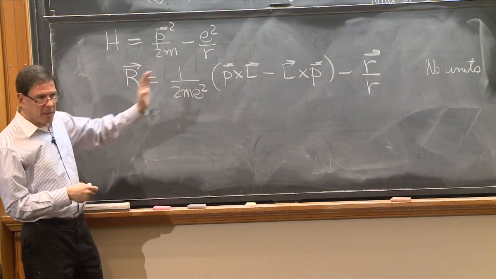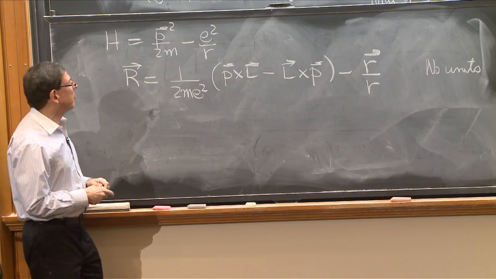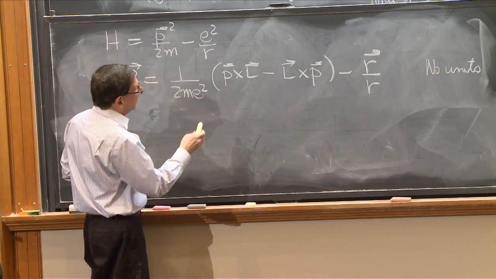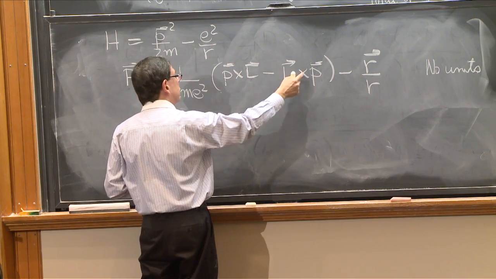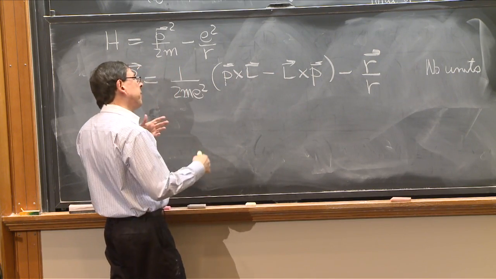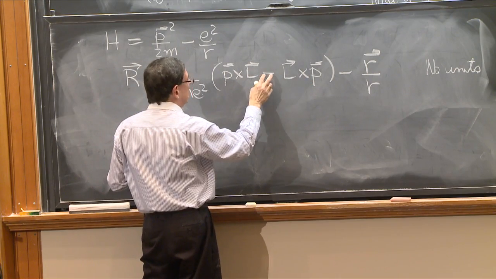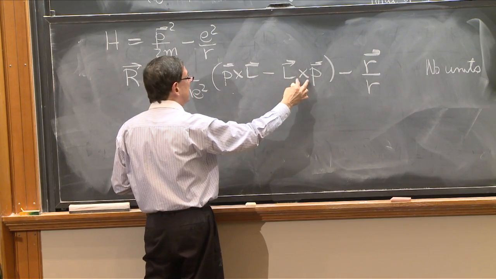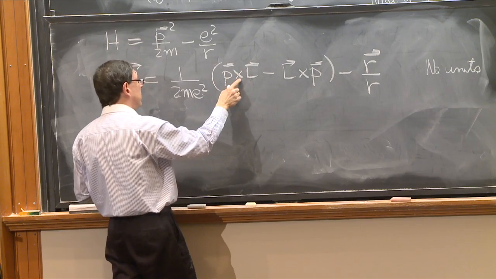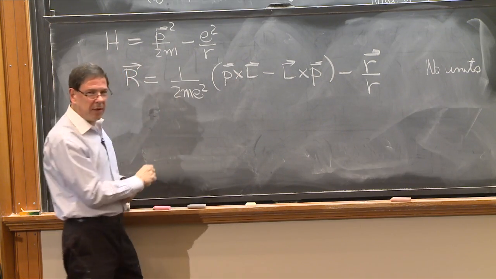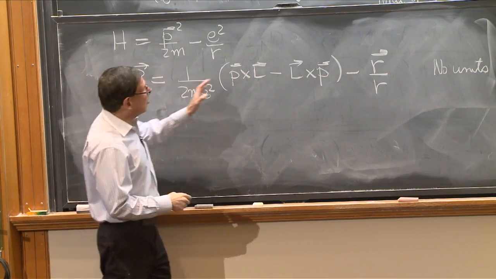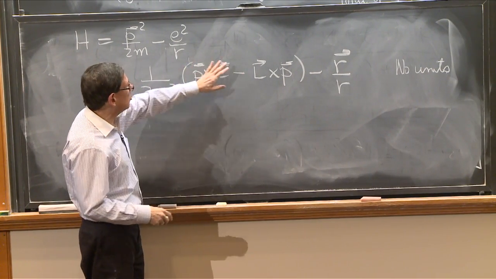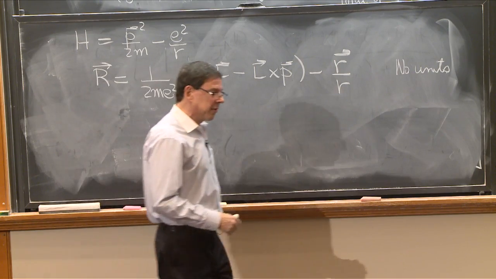And this is the simplest way to construct a Hermitian operator R. And the way is that you add to this term that, if L and P commuted, as they do in classical mechanics, that term is identical to this, and you get back to the conventional thing that you have in classical mechanics. But in quantum mechanics, of course, they don't commute, so it's a little bit different.